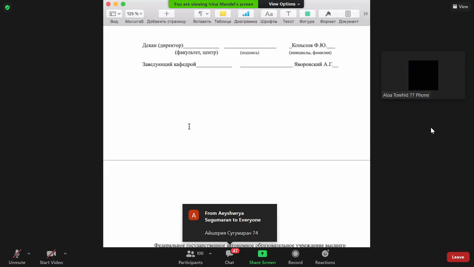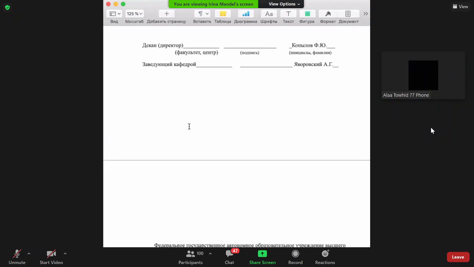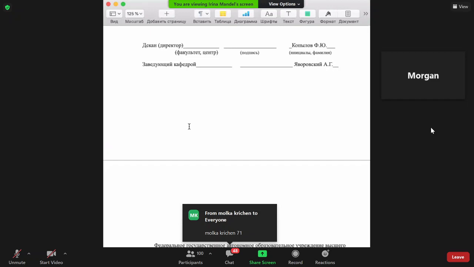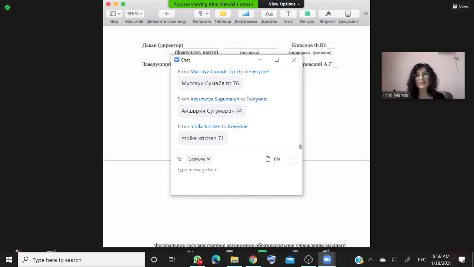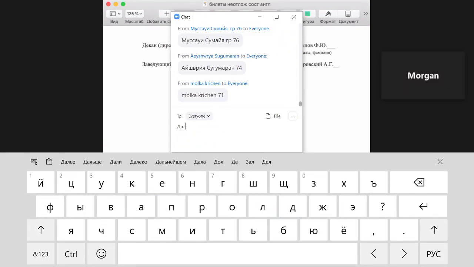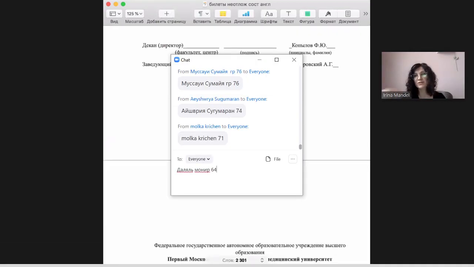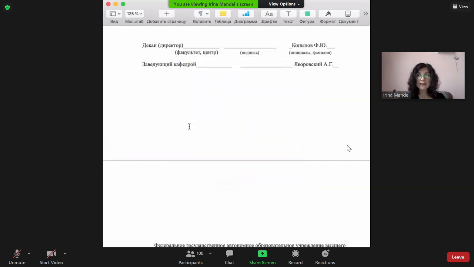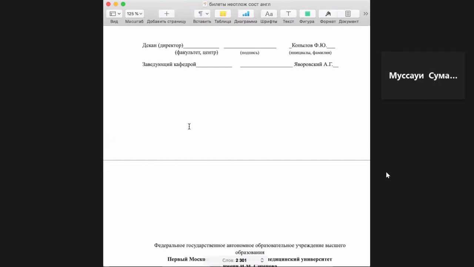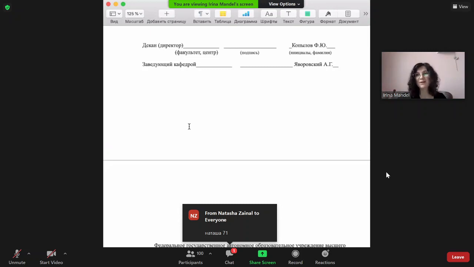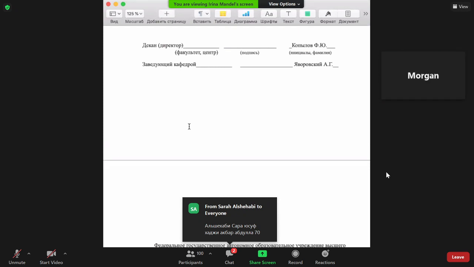Who was yesterday and got the mark, please enter the exam and check if your mark is there. I'm not sure this system is quite good, and maybe if you don't enter at the exact time, the system will think that you did not appear on the exam. Try to enter and maybe just say hello, and I'll check your marks.